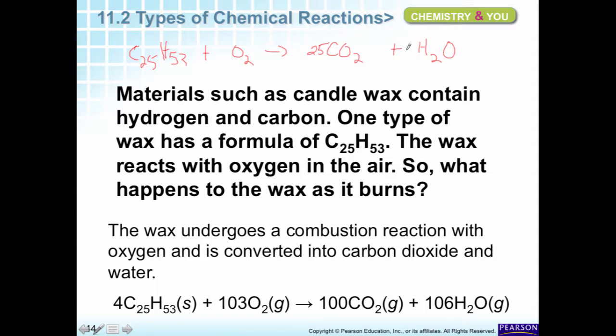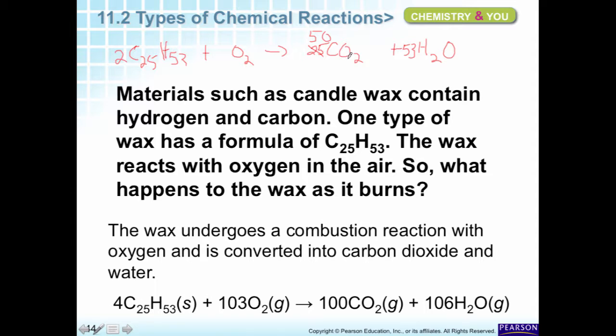So that means right off the top, I'm going to have to double this. So if I do that, this is going to become 50, and this will be 53, because 2 times 53 is 106. And I have 106, okay? So that's step one. Okay, now we've got our carbons and our hydrogens all set.